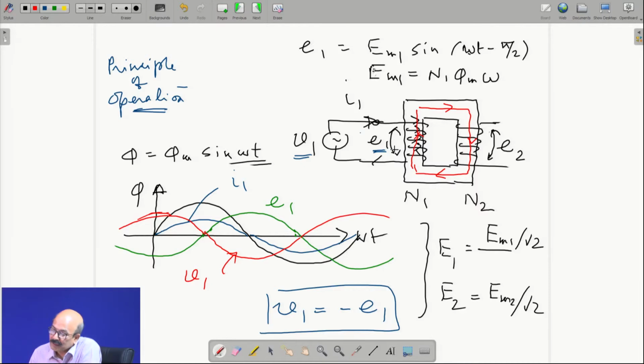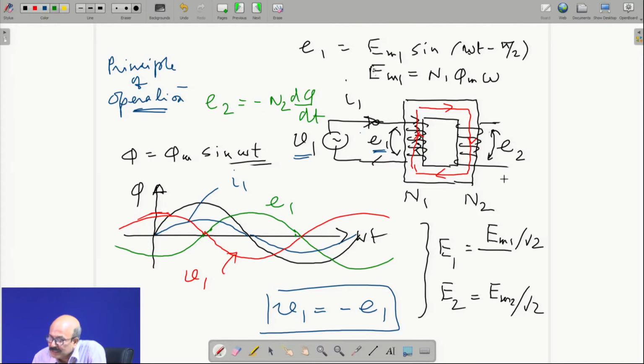But on the other side, E2 is just minus N2 d phi by dt. So, if I put E2 here, E2 is just minus N2 d phi by dt, only a scaling factor different.